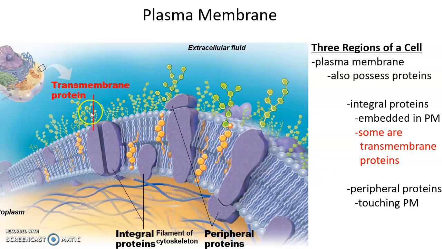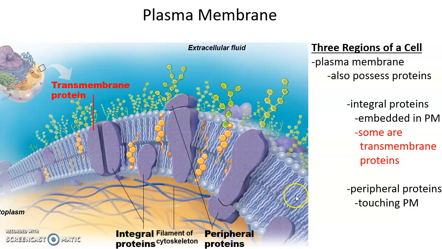And some of these integral proteins, the ones that go completely through the plasma membrane, are also known as transmembrane proteins. So transmembrane proteins are integral proteins that go from one side of the plasma membrane to the other side, so exposed to both the extracellular fluid and the fluid in the cytoplasm.